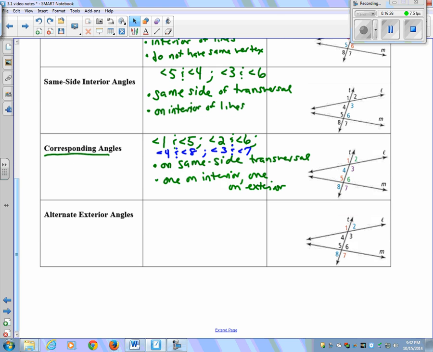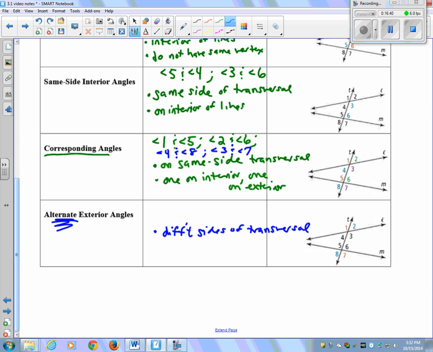Okay, alternate exterior angles. They're going to be on alternating sides of the transversal, so different sides. And now exterior. They're both going to be on the exterior of the lines. So let's look at our diagram. If we have exterior angles, we're only talking now about angles 1, 2, 8, and 7.